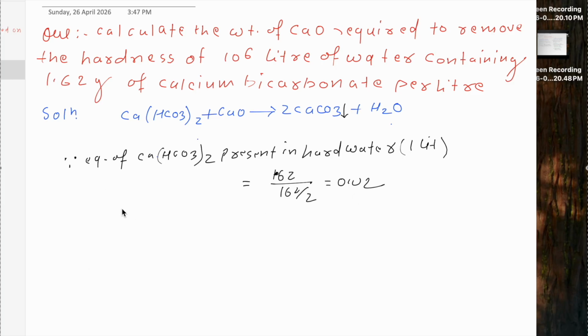Next, how much equivalent of calcium oxide is required?